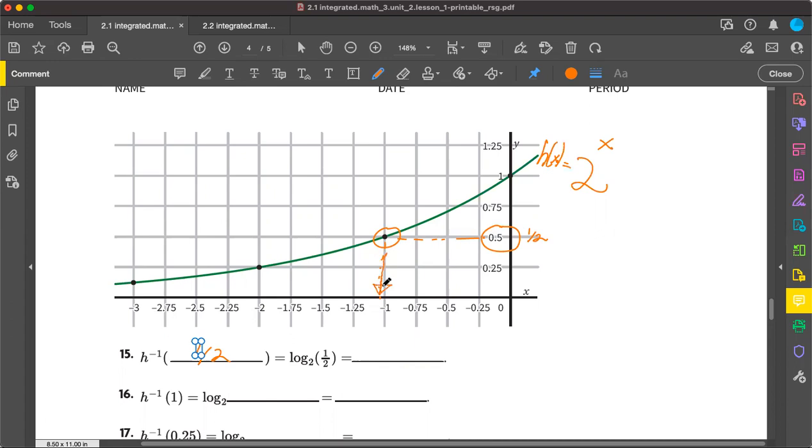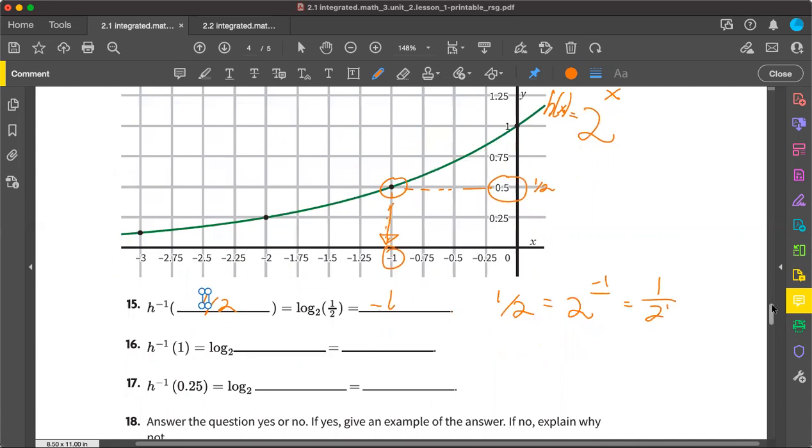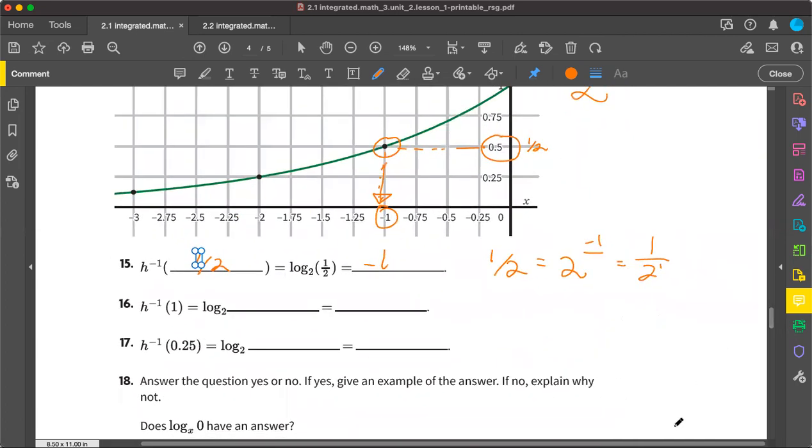If we put our attention towards the bottom, this output should be -1, which totally makes sense, because if you break this apart, you're thinking if you have 1/2 and on the other side it's a base of 2, notice base of 2, what's that exponent have to be? It's got to be -1. So that's how that one works. Take a moment, try 16, try 17, maybe try 18 if you're up for it, but definitely 16 and 17.